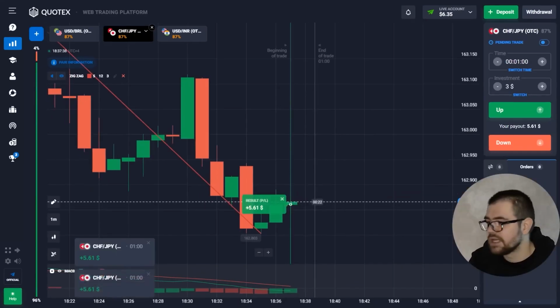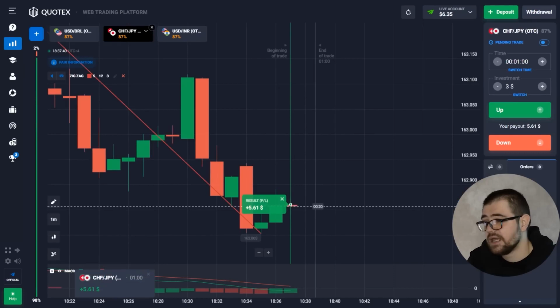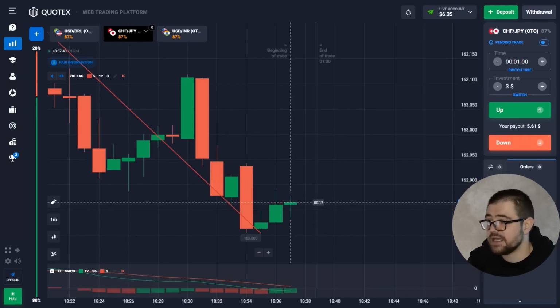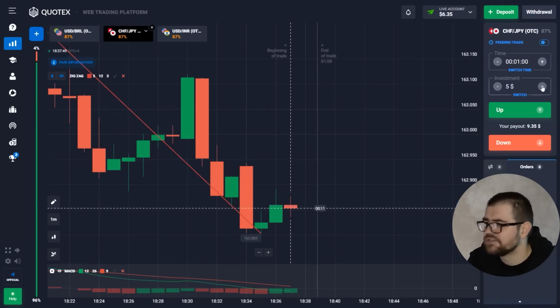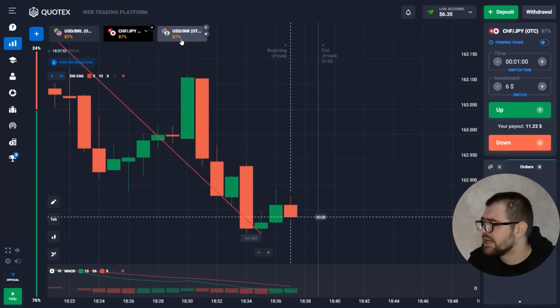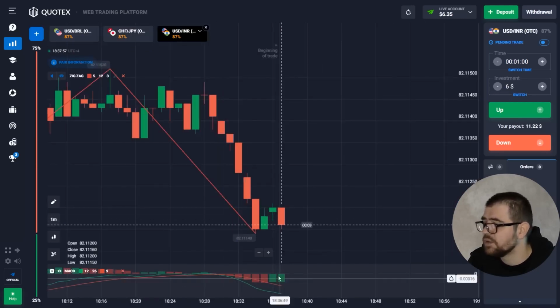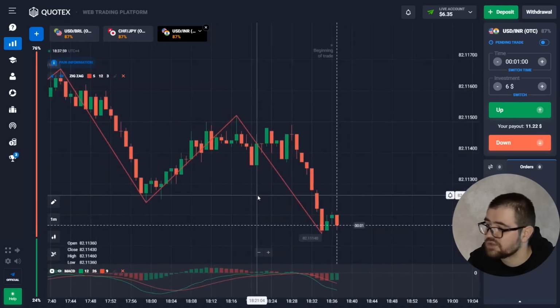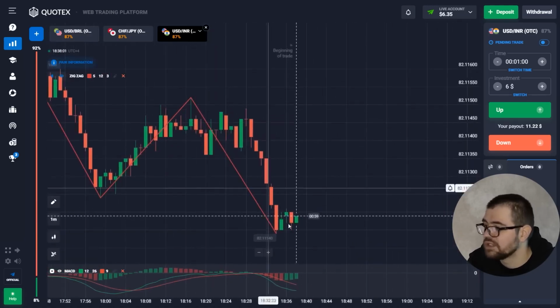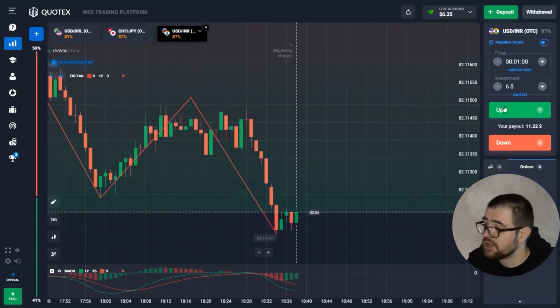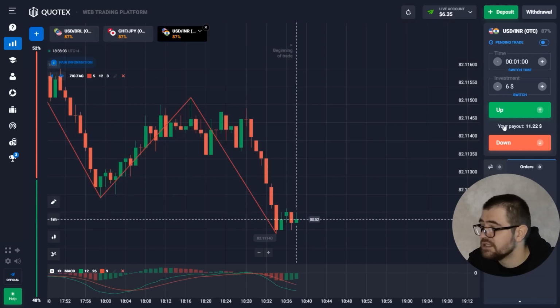$5.61. Not a huge profit, but it's gonna grow because we're using a compound percent here and we're gonna grow. So $6.35 on our balance. We're gonna go ahead with $6 next. And the next one is going to be, oh, look at that. Here we enter into a flat here, or you can call it also a little reversed flag. We're gonna go for a call option because I see the market is changing direction.